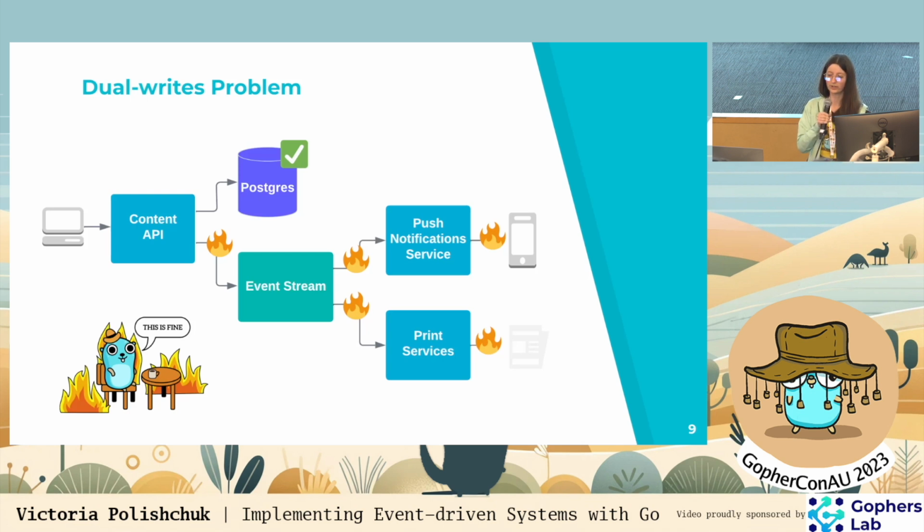It could be for a variety of reasons. Could be a bug in the code, maybe your application crashed because of a bad deployment, or could be network issues. So that will prevent the event from being published, and we will not have this data propagated further to print services.